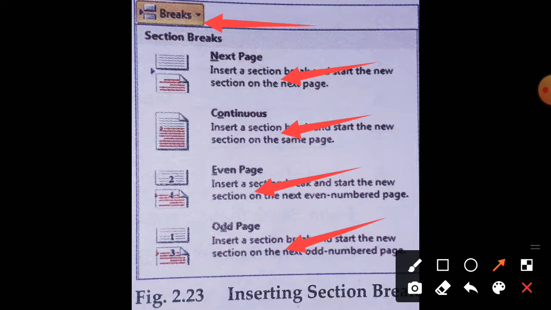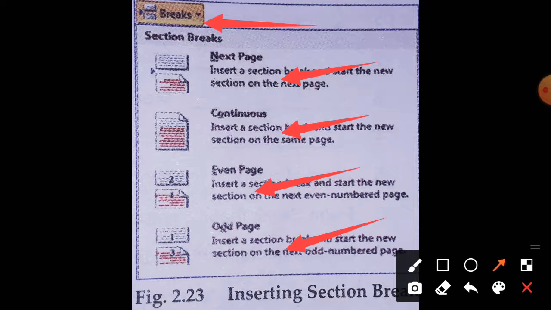Continuous means separating from the start to the next, that is, from the first page to the last page. It does the same thing as pressing Enter to move the next paragraph to the next page.